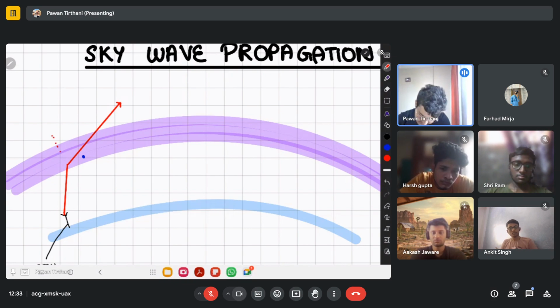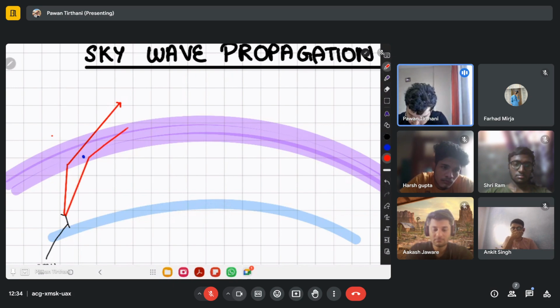Let's say this is the normal. So this is a very, very small angle, right? Now I'll keep on increasing the angle. Have a look. The wave will also go out in this direction, and it's going to come out emerging like this.